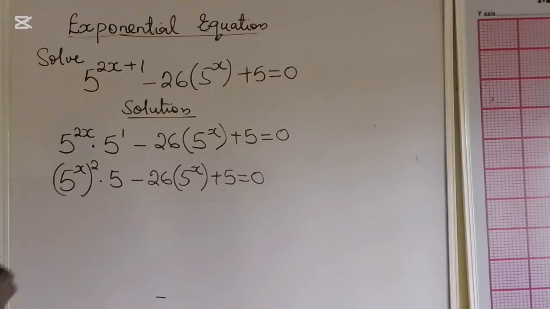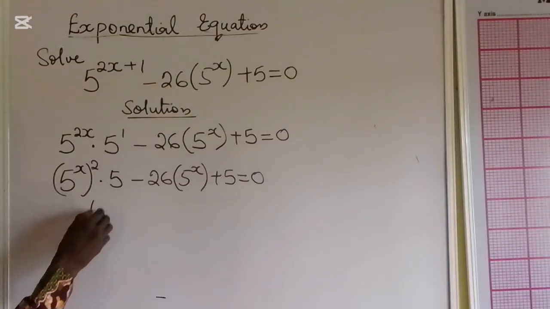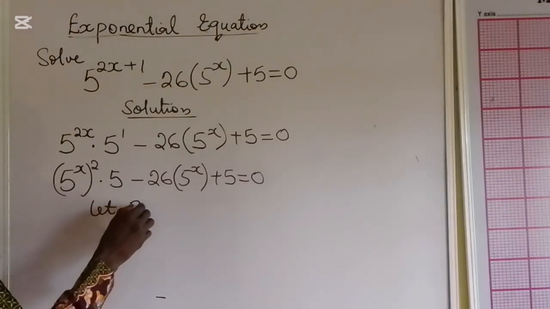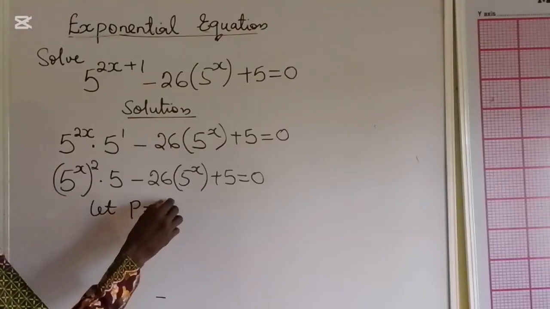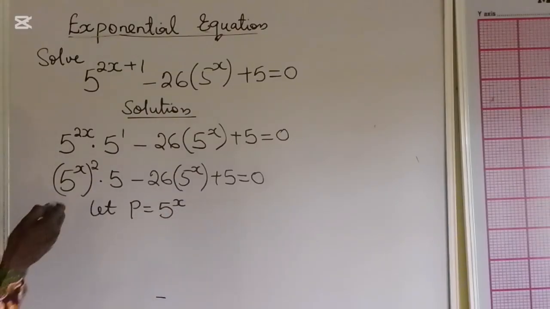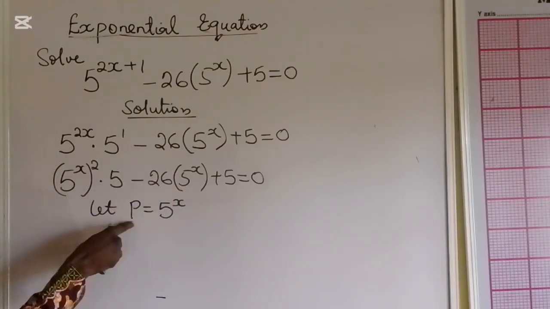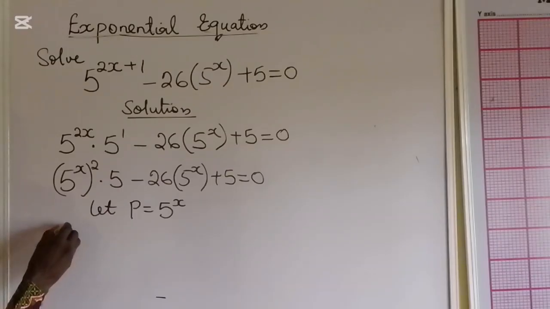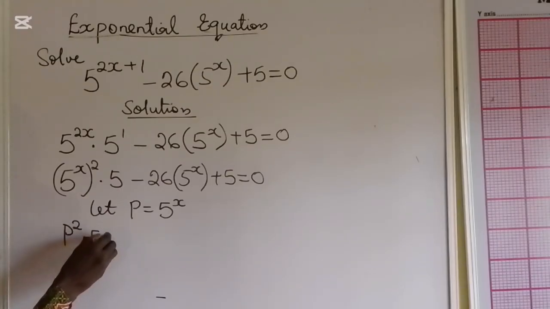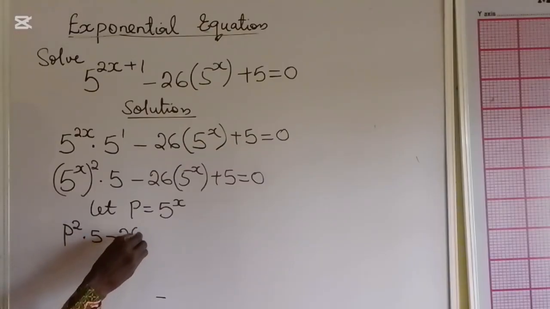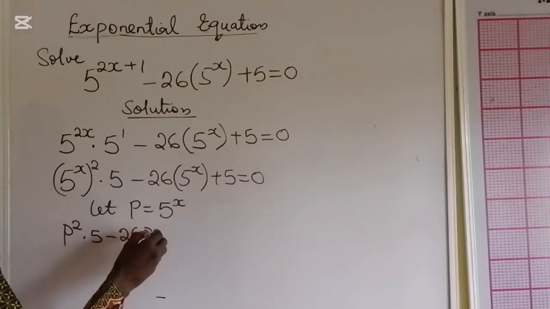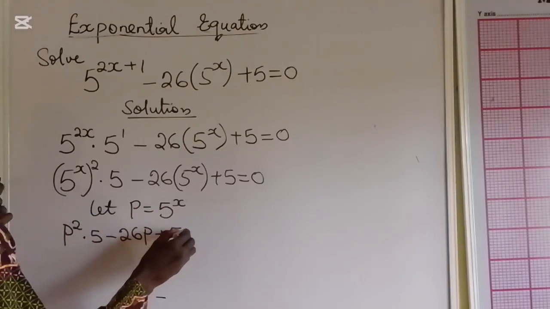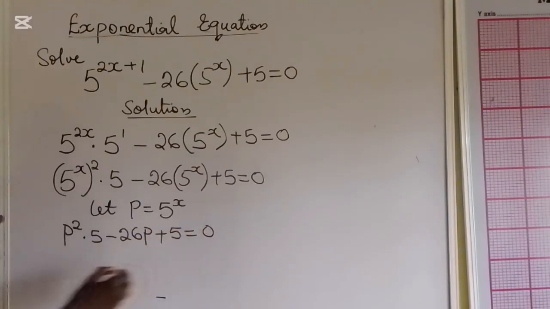Now, I'm going to say let p be equal to 5 raised to the power x. So anywhere I see 5 raised to the power x, I'm going to put p. So yes, p squared times 5 minus 26p plus 5 is equal to 0.